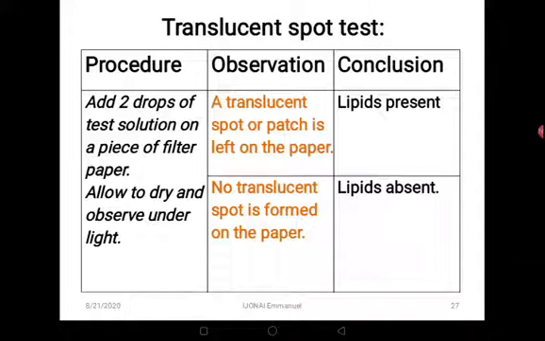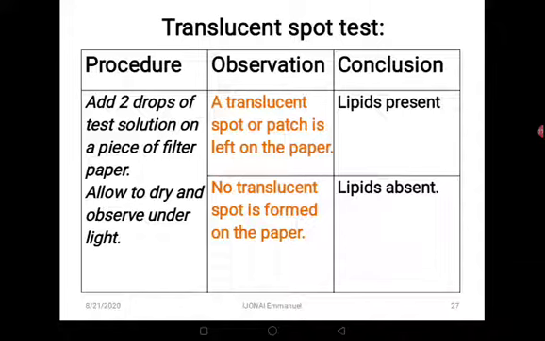I told you that if it is a fat, then you just rub that fat on your paper. You don't even have to only use filter paper. You can even use any plain paper at home, and you use the cooking oil and put drops. Yeah, you can put drops on that paper, and then you dry it. And then after some time, you observe it against light, then you see whether a translucent spot has formed.